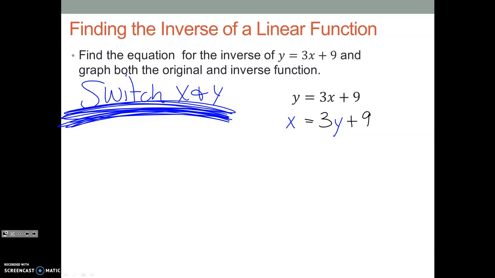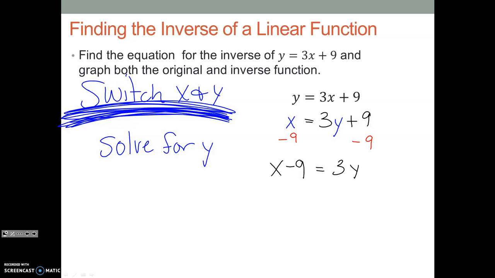Once you switch your x and y, you are simply going to solve for y. So the first thing I would need to do to get y by itself is subtract 9. That would give me x minus 9 equals 3y. Then I need to get rid of that 3, so I can divide both sides by 3.